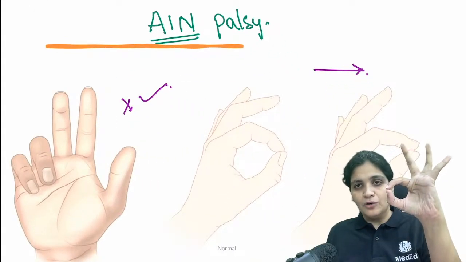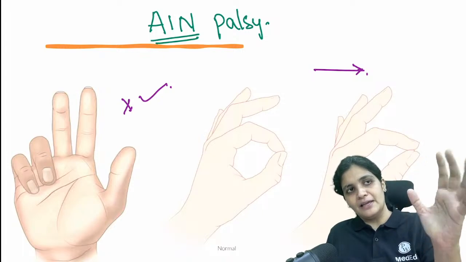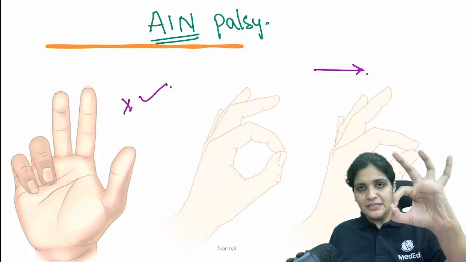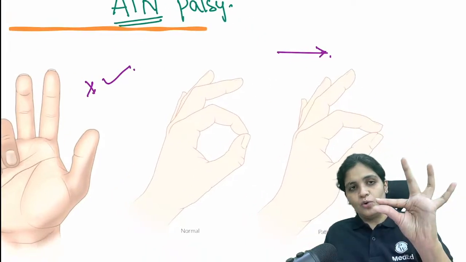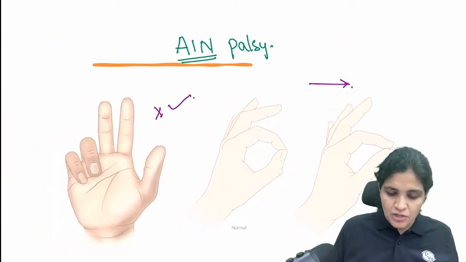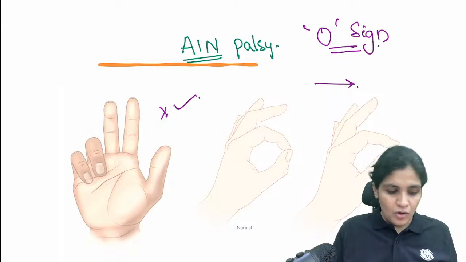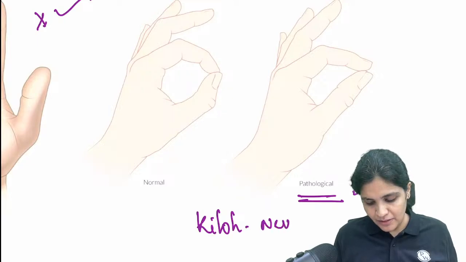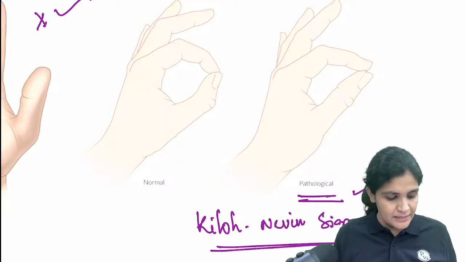Whenever they are able to properly oppose, this is called opposition, touching the tips of the fingers. The thumb will go and touch all the tips of the fingers, and you can see a complete O, right? If it is not touching, this is pathological. The O is not formed, so this is called the O sign, or the fancy name for it is the Kiloh-Nevin sign, right?